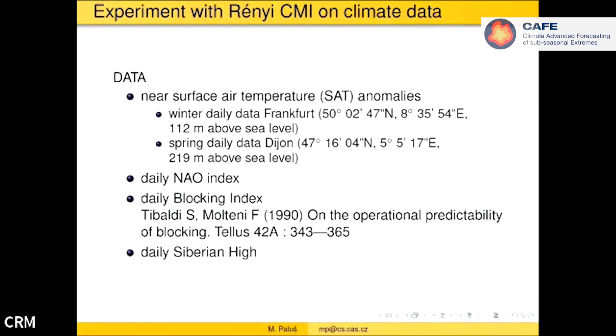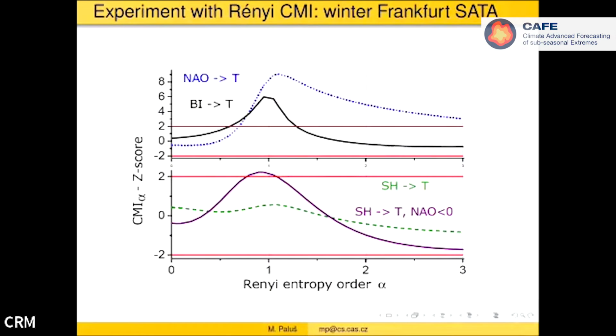I think most of you know what these are. Now the results for the influence of NAO on Frankfurt in winter: we can see this kind of influence, which is significant for large alpha, but falling down for small alpha.